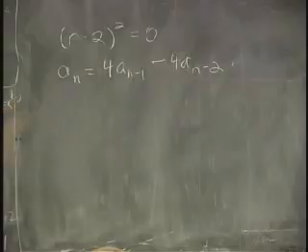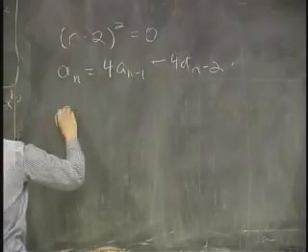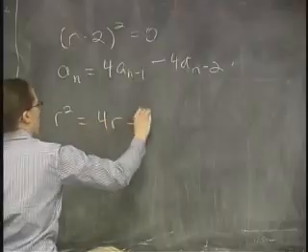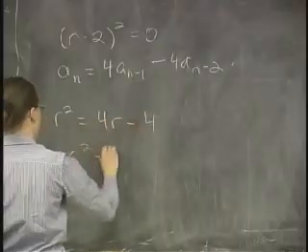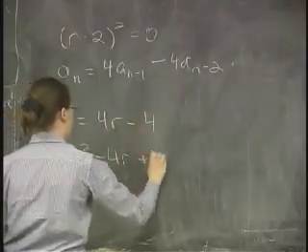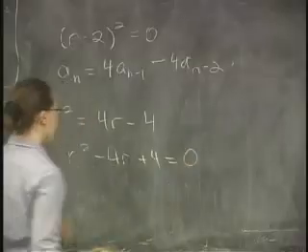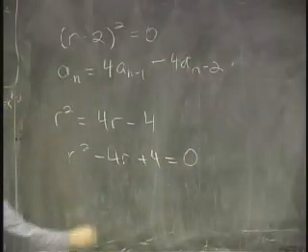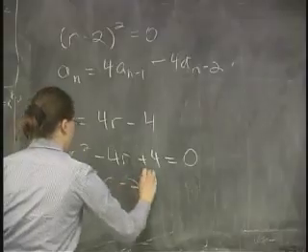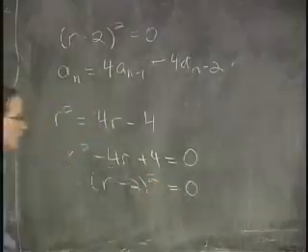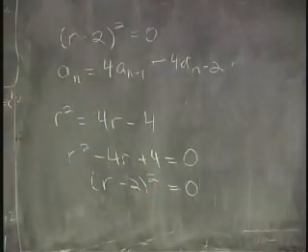So I'd get r squared equals 4r minus 4, so r squared minus 4r plus 4 equals 0. I factor this and get (r minus 2) squared. And now I'm in trouble. My theorem doesn't apply, since I don't have 2 distinct roots.